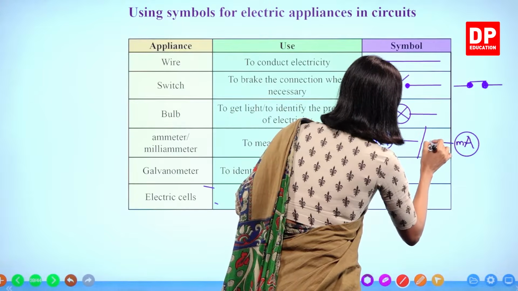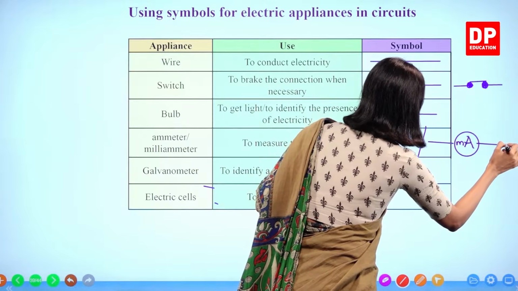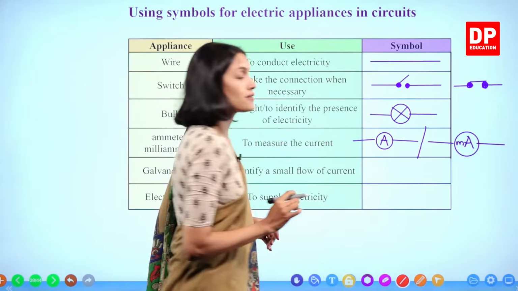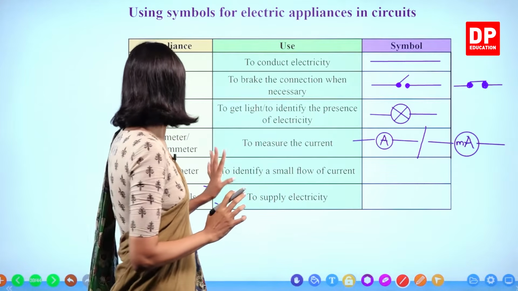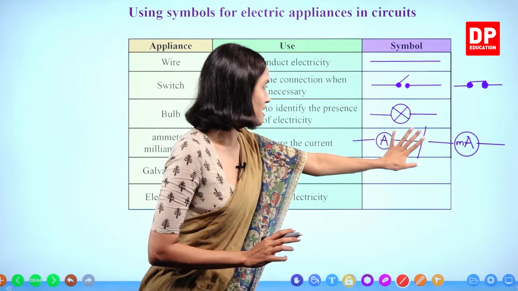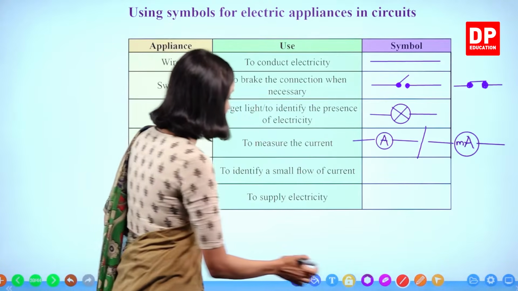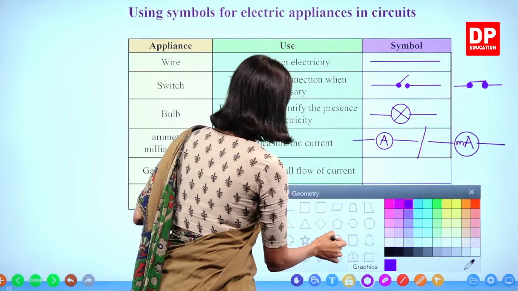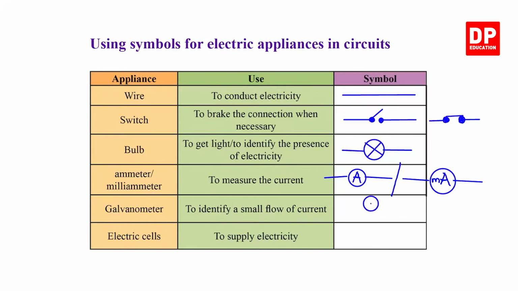And then draw two lines like this. Okay, children? Then galvanometer. So you can understand how it goes. How to draw the galvanometer? Again, it's very easy. You draw a circle like this and then we have to write capital G and then draw two lines.